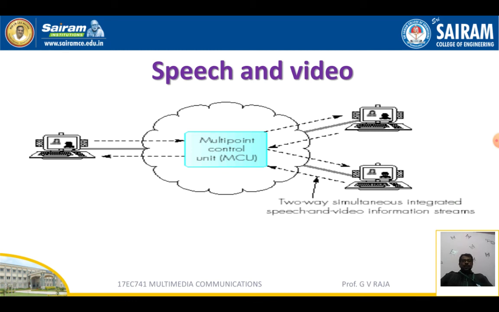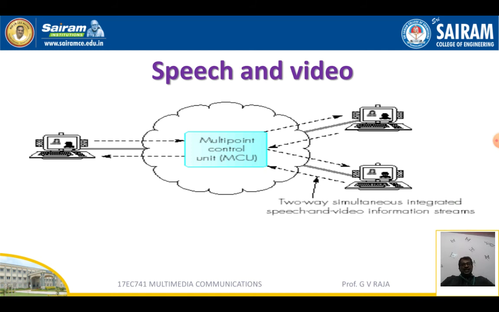So it has to be implemented by displaying the video image of the participants on the screen, like Zoom videos. So multiple integrated speech and video communication channels, one for each participant, are sent to the other participants, which requires more bandwidth. Integration means each participant is sent to the MCU, which then selects a single information stream and sends it to each participant.